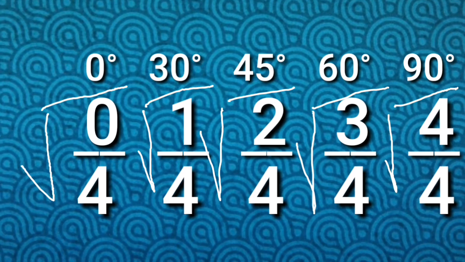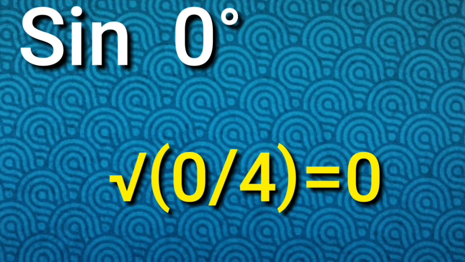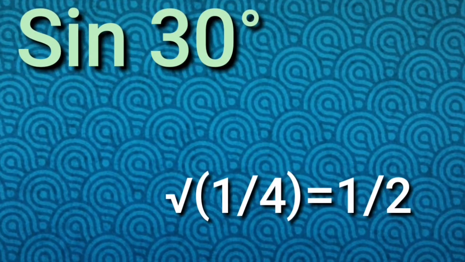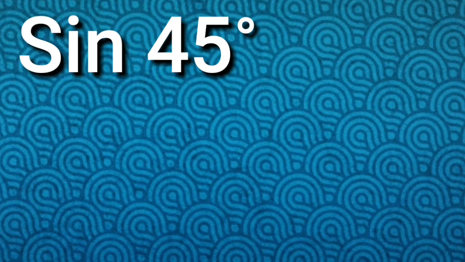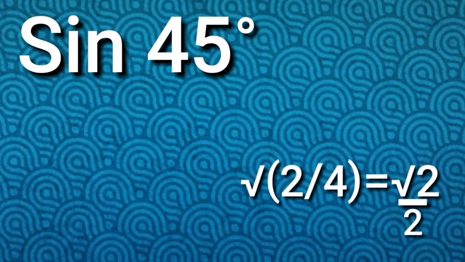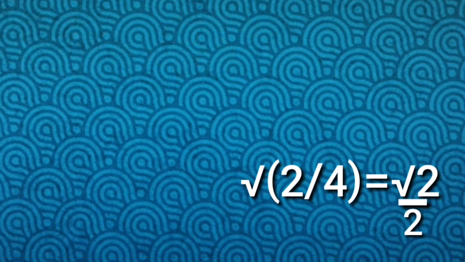To illustrate further, let us see them one by one. Sine 0 degrees equals the square root of 0 over 4, equals 0. Sine 30 degrees equals the square root of 1 over 4, that means 1 over 2. Sine 45 degrees equals the square root of 2 over 4, that means root 2 over 2.